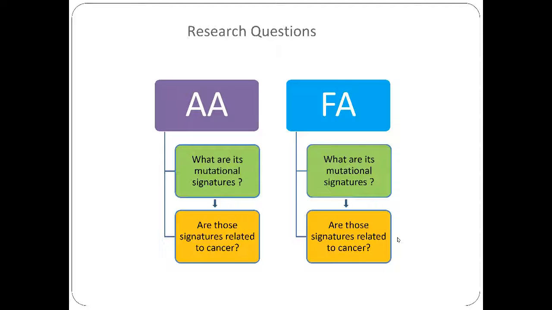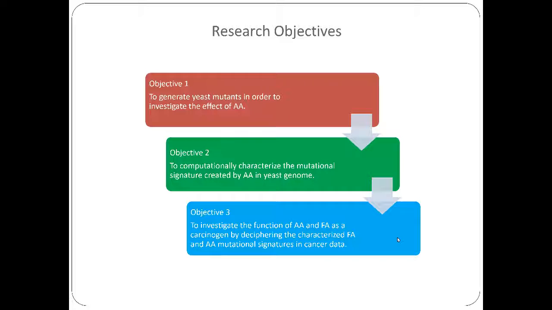The research question that remains for these two aldehydes is: what are their mutational signatures, and what are the signatures related to cancer? The first research objective is to generate yeast mutants in order to investigate the effect of acetaldehyde.